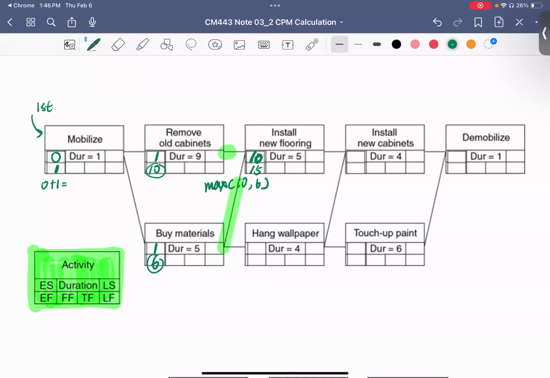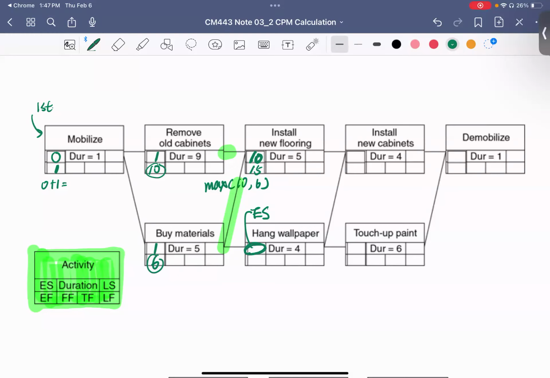Trevor, can you tell me what is the early start time here for hang the wallpaper? Is it not 10 plus 4 and that gives you 14? This is early start time.